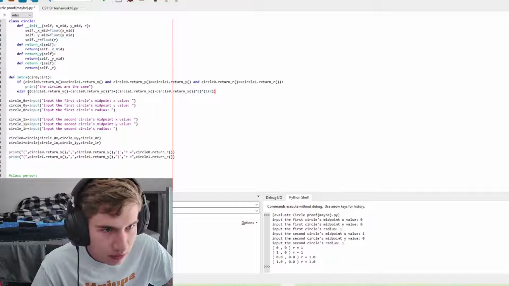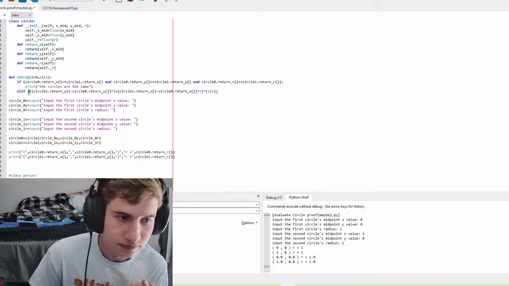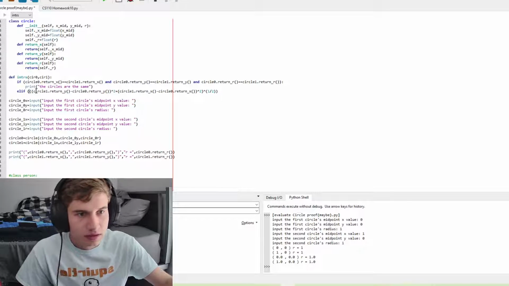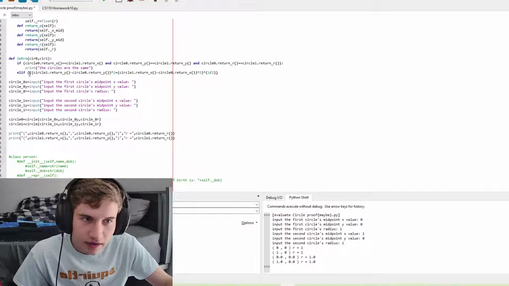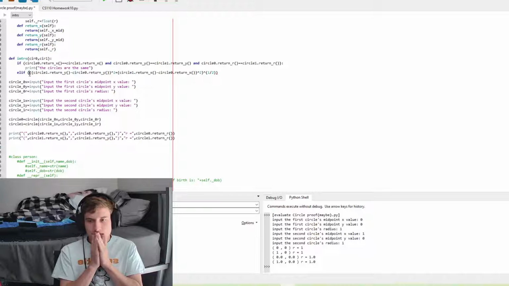Okay, so this whole thing is just getting the distance of one midpoint to the other. So let's see, if this distance, actually, honestly, it might be good to have that just in.